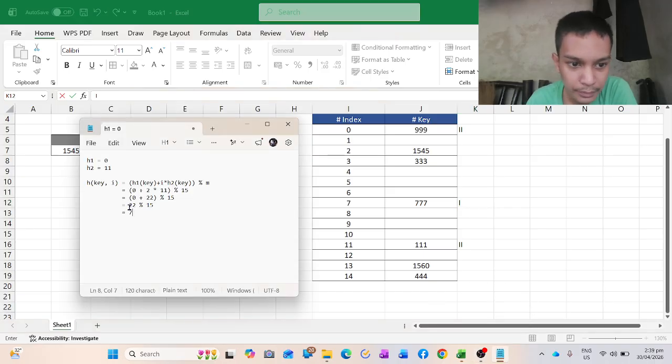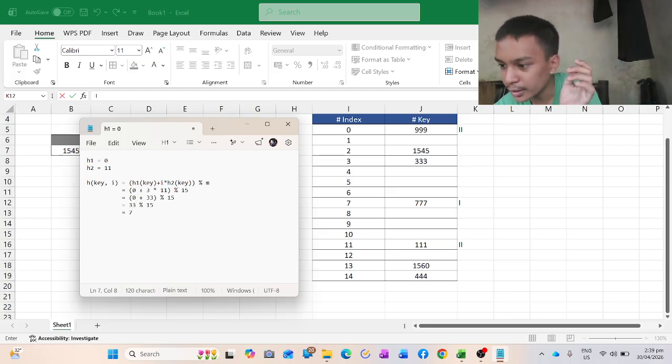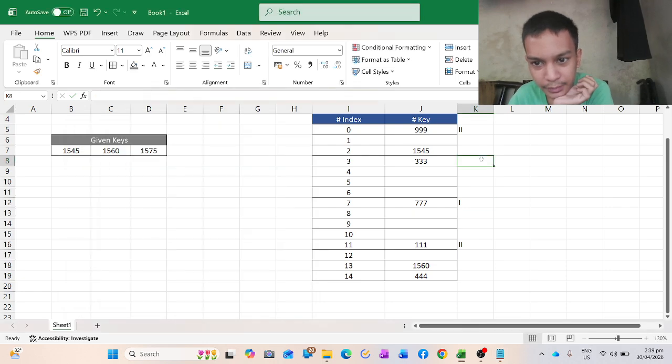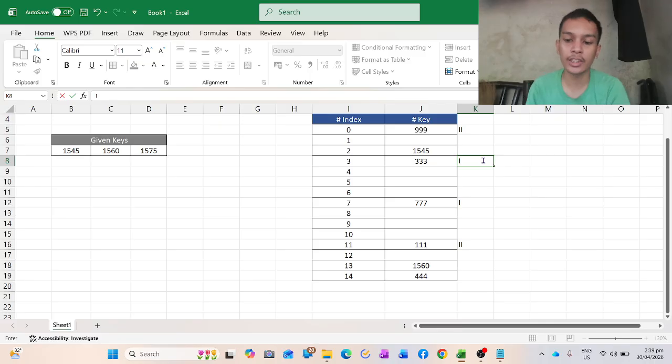Now it's going to be 3. 11 times 3 is 33, and 33 plus 0 is 33. 33 modulo 15 is 3. There's going to be another collision, which is the fourth collision.